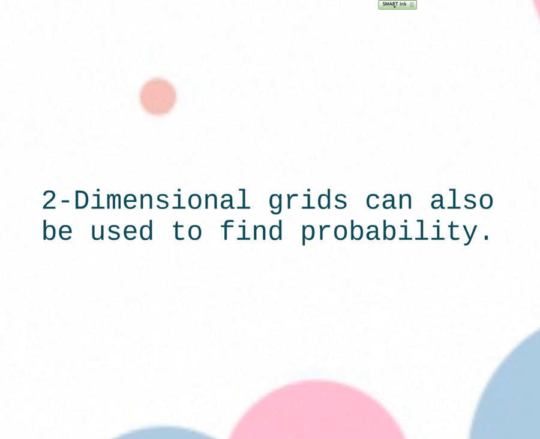What I appreciate about the 2-dimensional grid is it's a nice visual of what's going on. We're just going to jump right into an example when you guys are done writing this down. The 2D grid we're going to make is kind of small, but there is a larger one in your book. So if you want another example of what it looks like to use a 2D grid, the example in your book is pretty good as well.